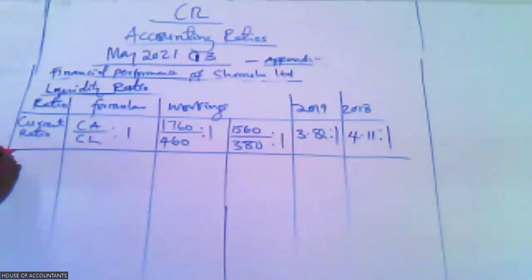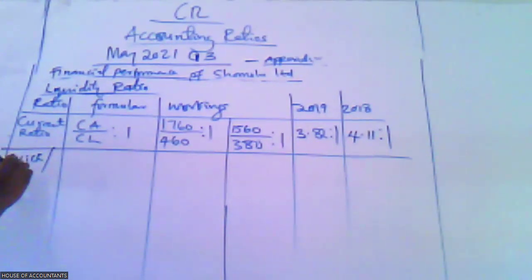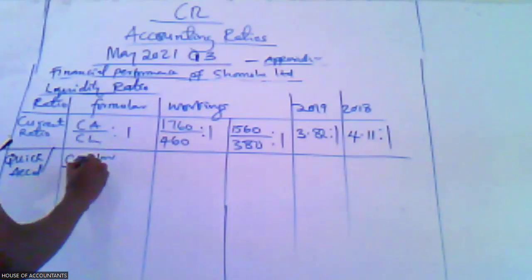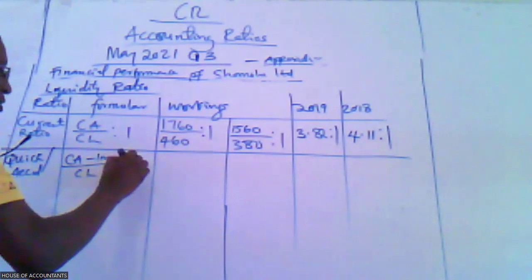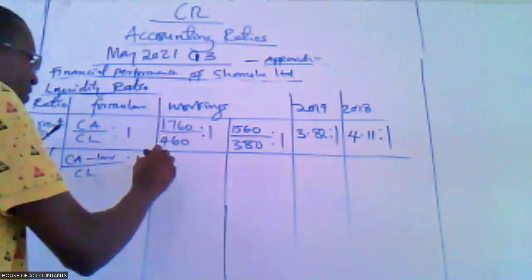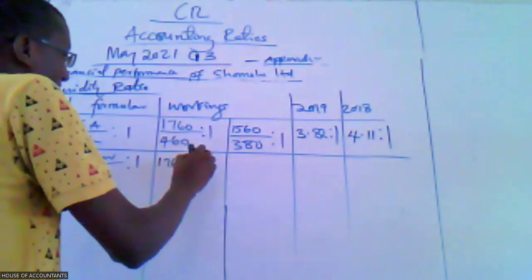Then the quick ratio, or acid test: current assets less inventory over current liabilities, ratio 1. We have all the information already.